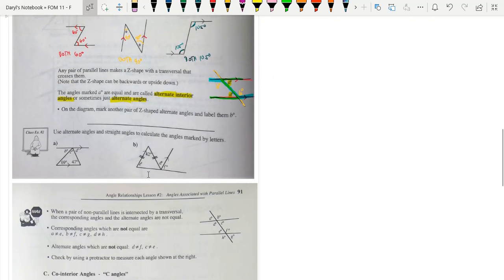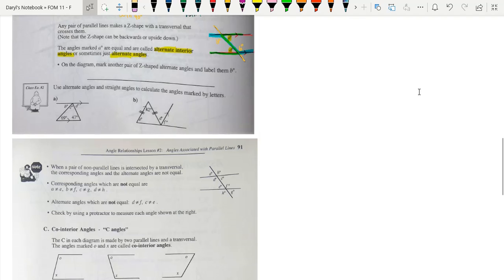To continue our discussion on the angle relationships in parallel lines and the transversal line, let's take example number 2. Use the alternate angles and straight angles.